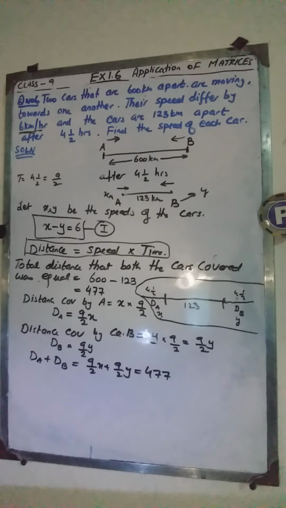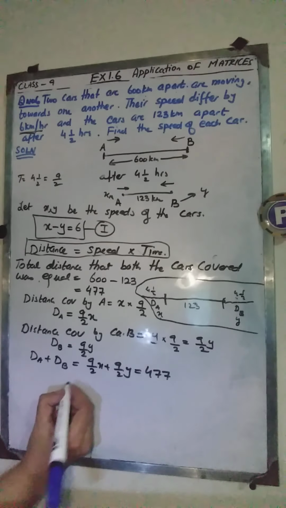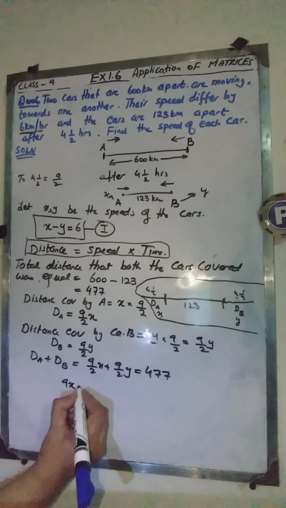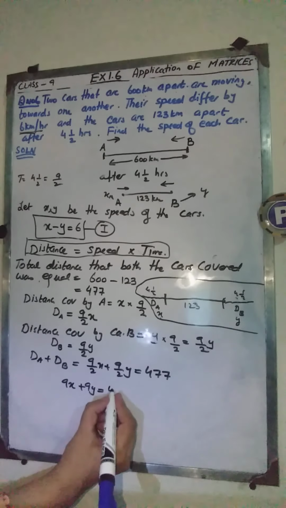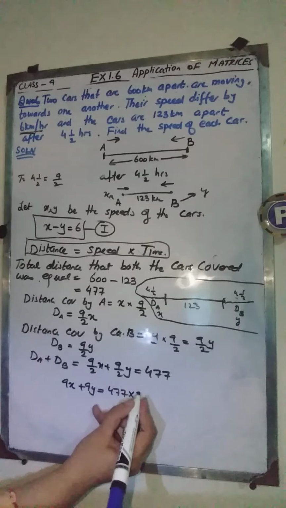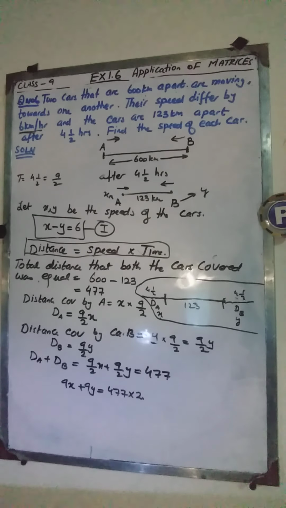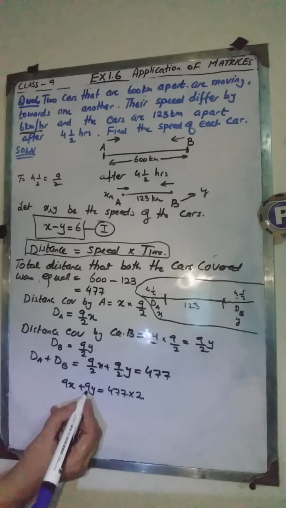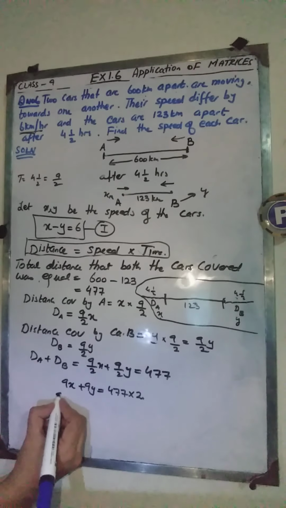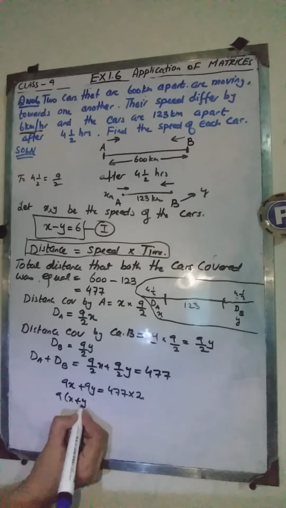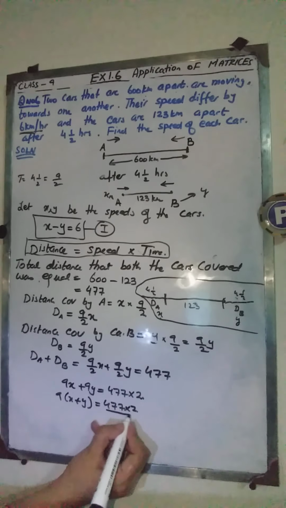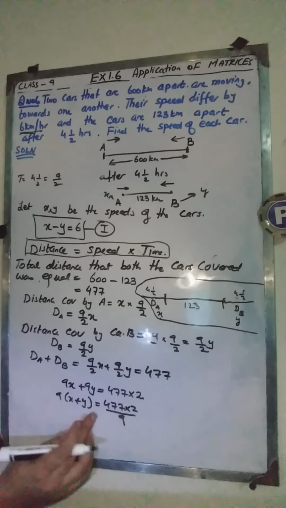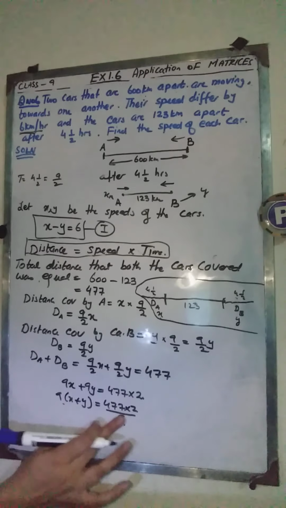477. And now if we simplify it, this will be equal to 9x plus 9y is equal to, shifting 2 to the other side, 477 into 2, and then again simplify, taking 9 common from these two terms, this will be equal to 477 into 2 over 9 by dividing.